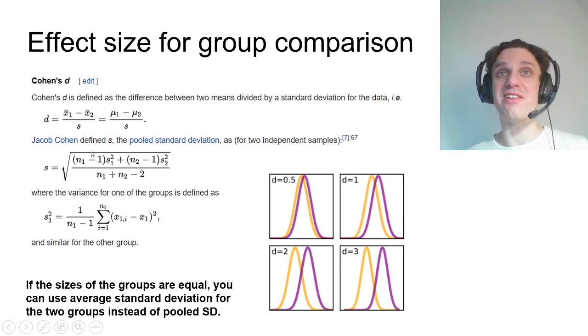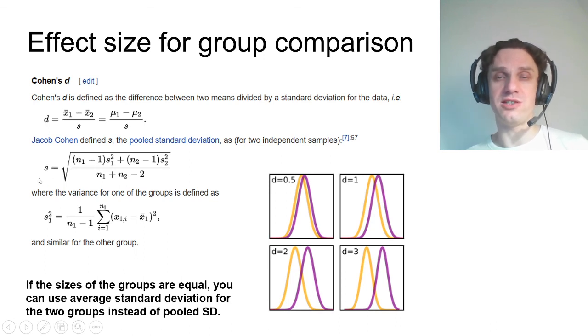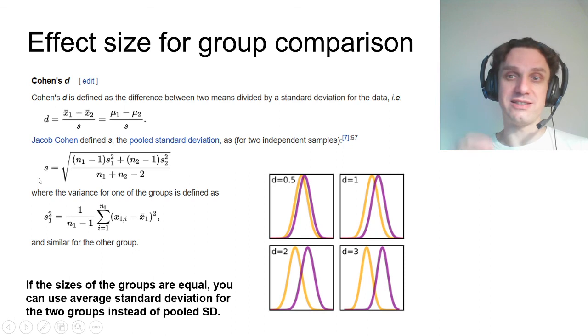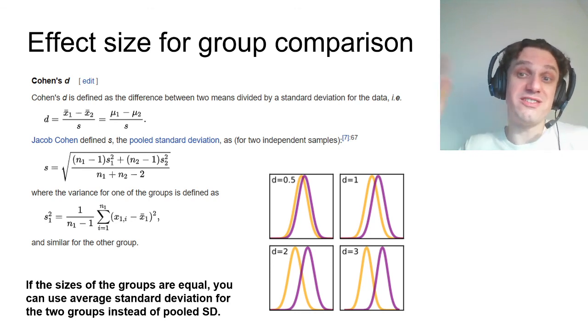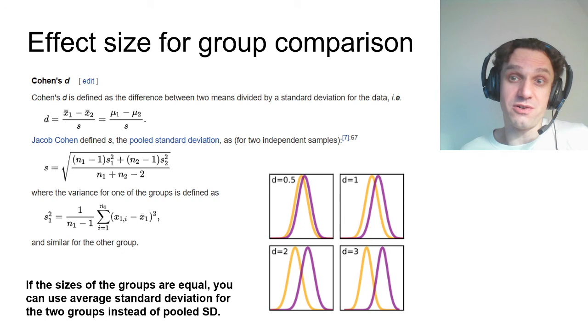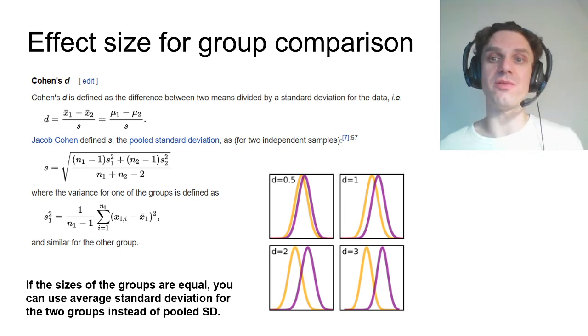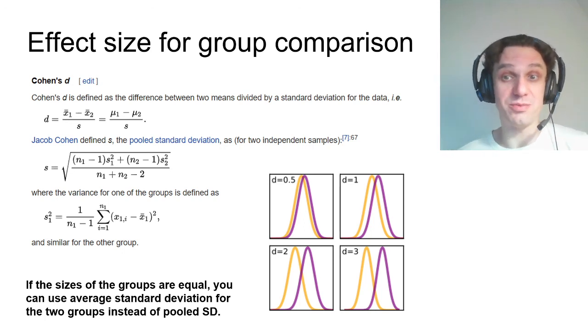What is pooled standard deviation? Well, there is this scary formula where the standard deviation for each of the groups is weighted by the size of this group. So if one group has 1,000 participants and another group you're comparing with has only 100, these groups are different by an order of magnitude. Obviously, it would make sense that the larger group would contribute more to the estimate of your standard deviation than the smaller group, where the estimate is less precise.